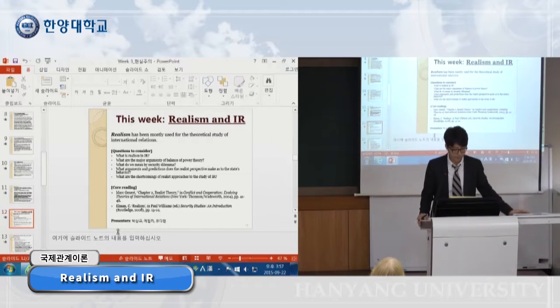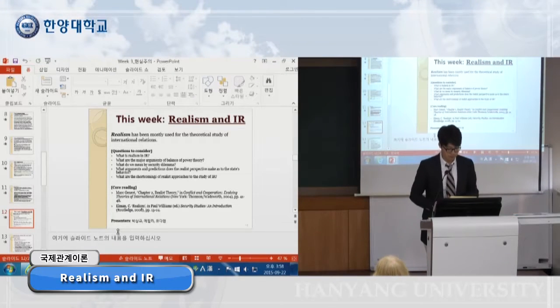Anarchic system. And then finally, Sangyu provides us with concluding remarks regarding the shortcomings as well as the strengths of realist theory of international relations.